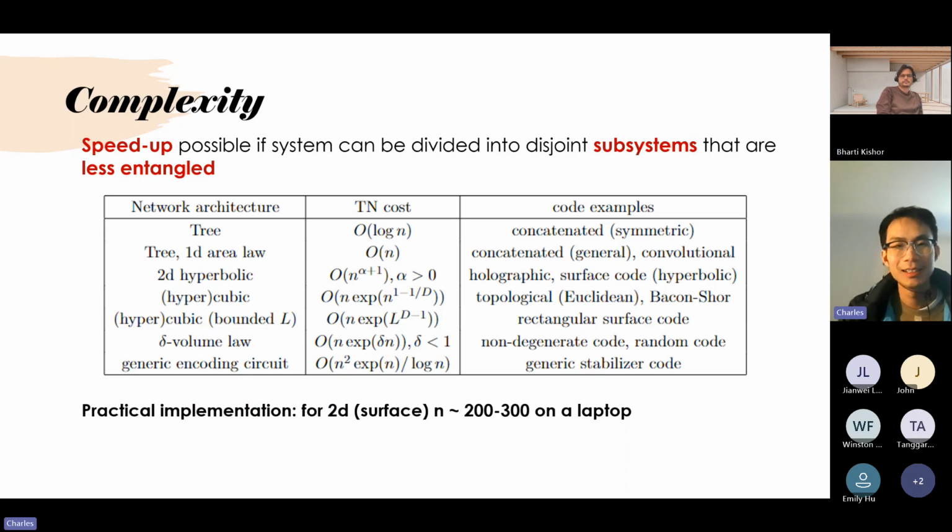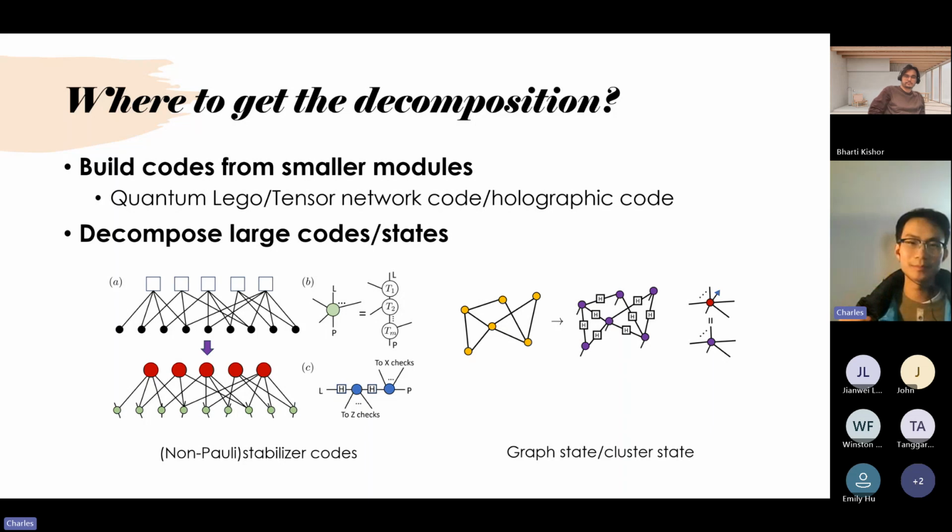Thanks. All right. So the previous examples that we saw were for when I know how to build a code from smaller components, like these quantum Lego, tensor network codes, or holographic codes; you know it breaks down into smaller components, and then you can apply the enumerator technique. But of course, if you just have some stabilizer code or some LDPC code, we also provide a set of procedures.